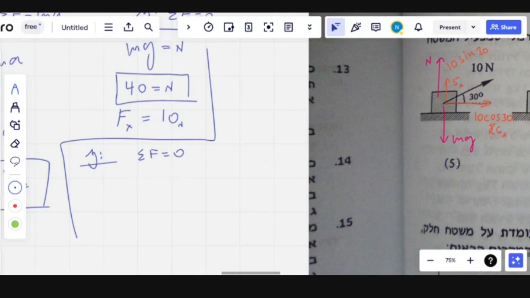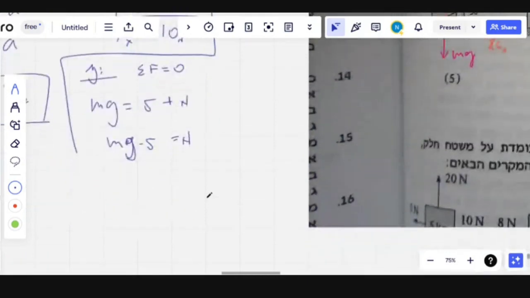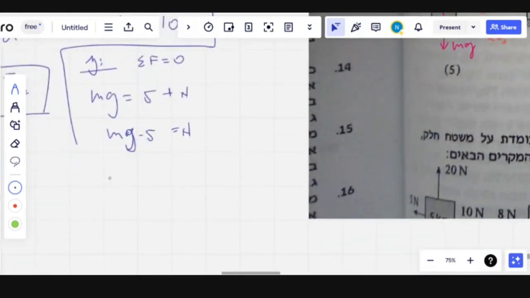So mg must be equal to 5 plus N, right? So N equals mg minus 5. So N equals 40 minus 5. So N equals 35 newtons.